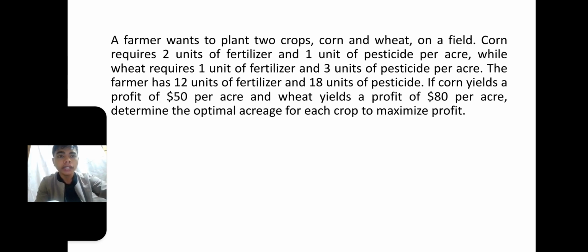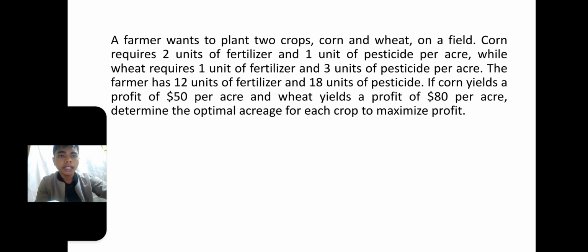A farmer wants to plant two crops, corn and wheat, on a field. Corn requires 2 units of fertilizer and 1 unit of pesticide per acre, while wheat requires 1 unit of fertilizer and 3 units of pesticide per acre.